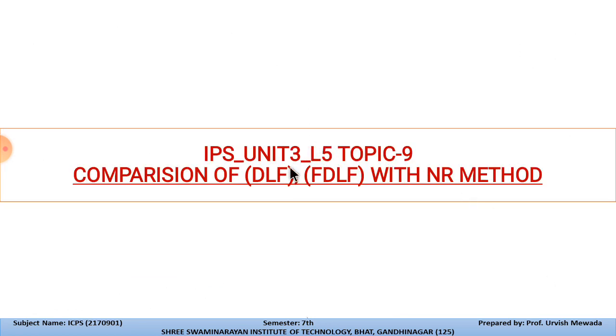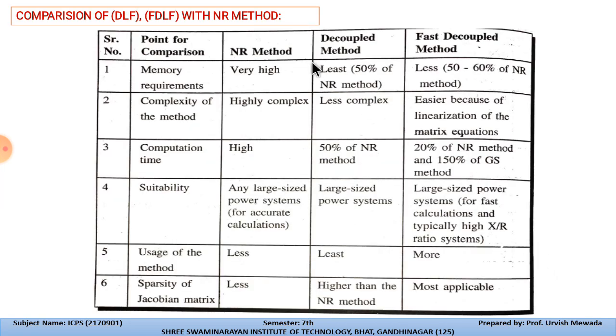Now, comparison of the DLF method and FDLF method with the NR method, so that it will be more clear when writing the theory related to the FDLF method, DLF method and NR method. The first point we consider is memory requirement.